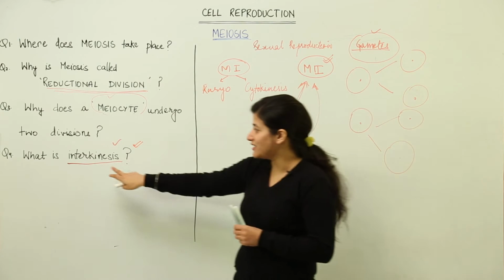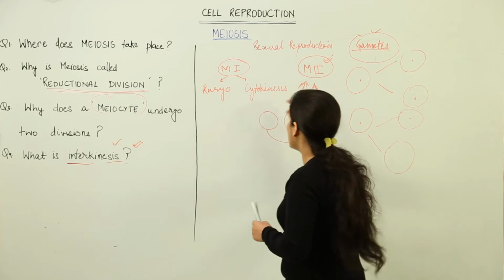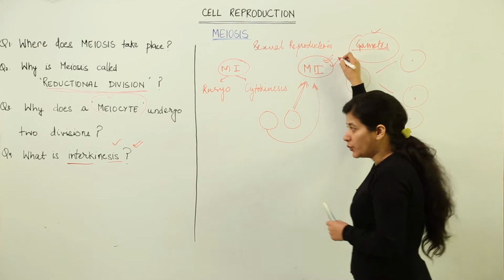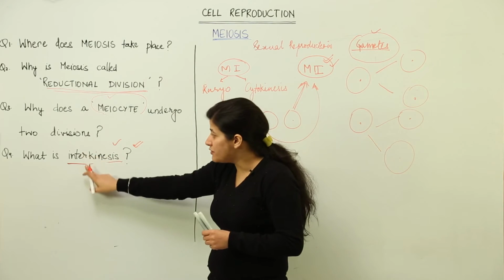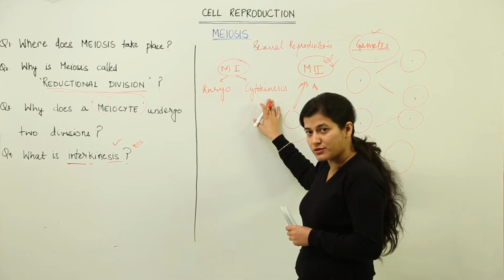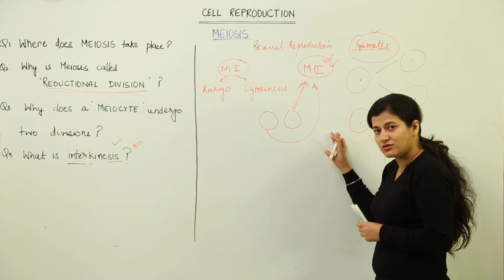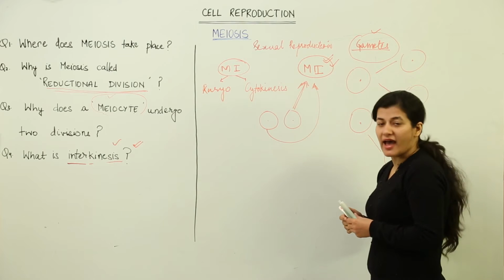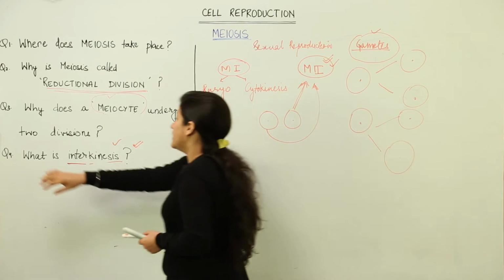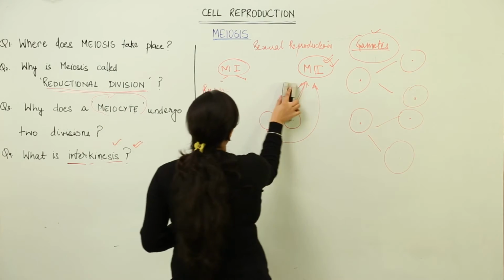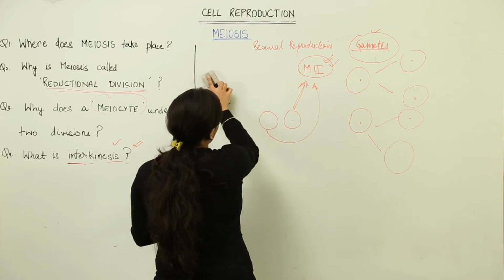The name only suggests that kinesis means division. It is the karyokinesis of meiosis 2. The inter means the time between the cytokinesis of meiosis 1 and the karyokinesis of meiosis 2 would be termed interkinesis. Now let us take meiosis 1 and meiosis 2 individually.